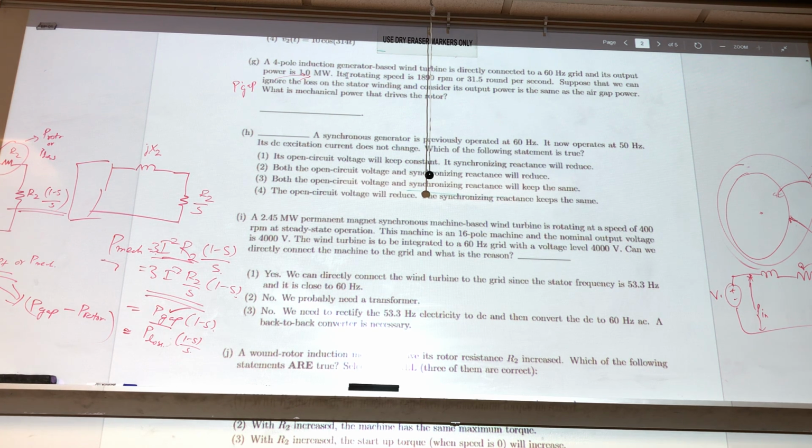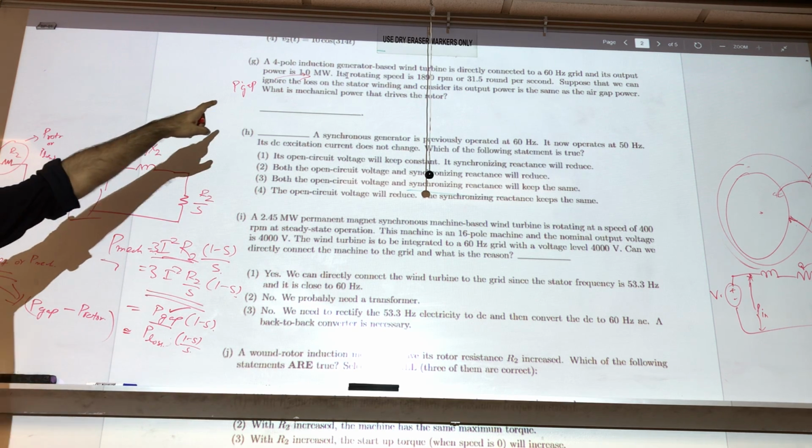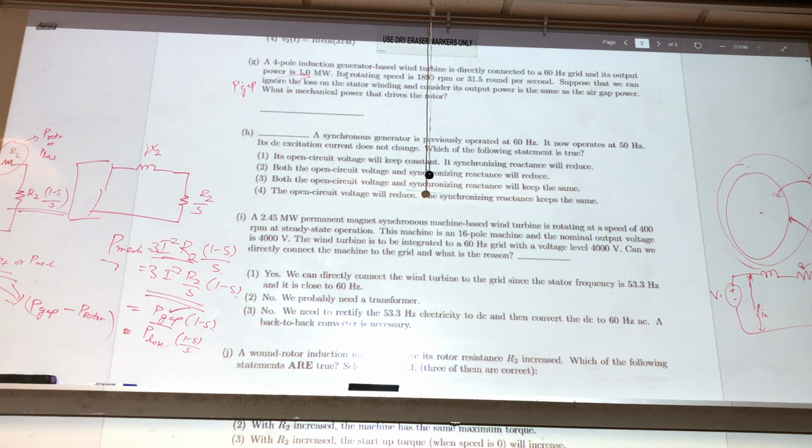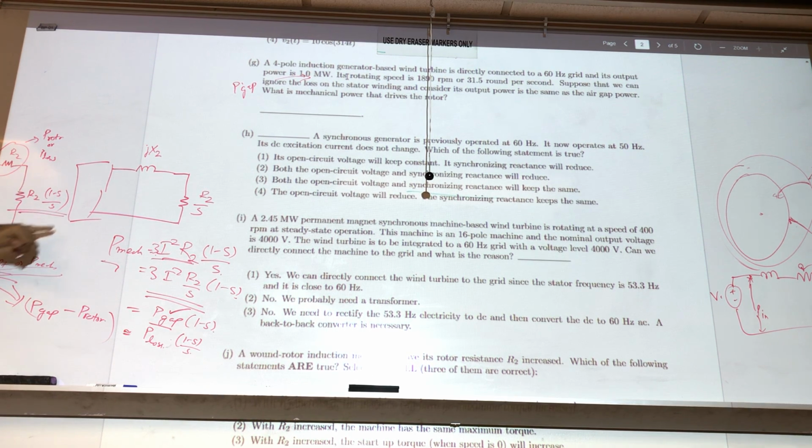So we're just looking for P mech, not P rotor? P mech is the mechanical power, which is just P shaft, the final output. It is the mechanical power that drives the rotor. You understand what I'm saying? So basically this is the loss. We are removing the loss, and we'll get the actual output.